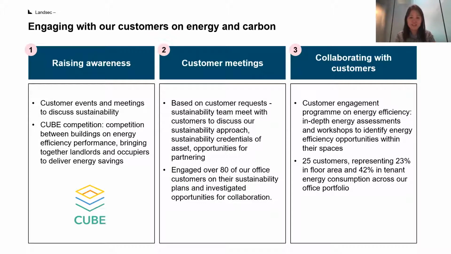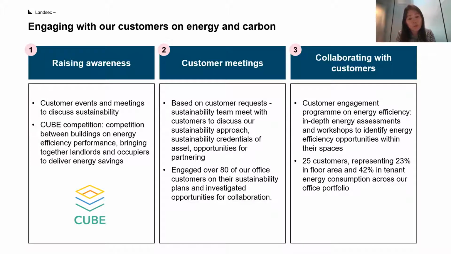But we also understand that we have a wide variety of customers in our buildings, and each one of them is at a different stage of their journey on the transition to net zero. So that's why the second pillar is about meeting customer needs and requirements. Because of these different needs, we organize one-to-one meetings with each one of them to discuss their sustainability approach, what they are already doing, and what they already know.